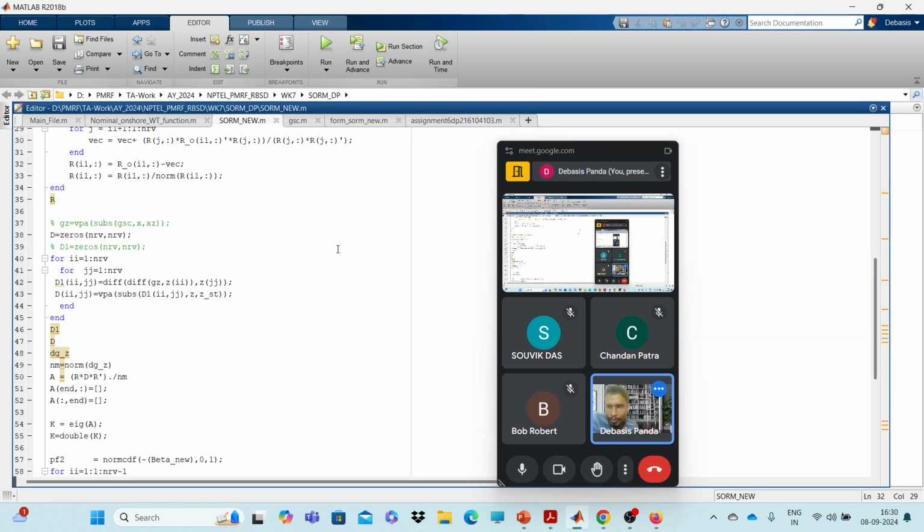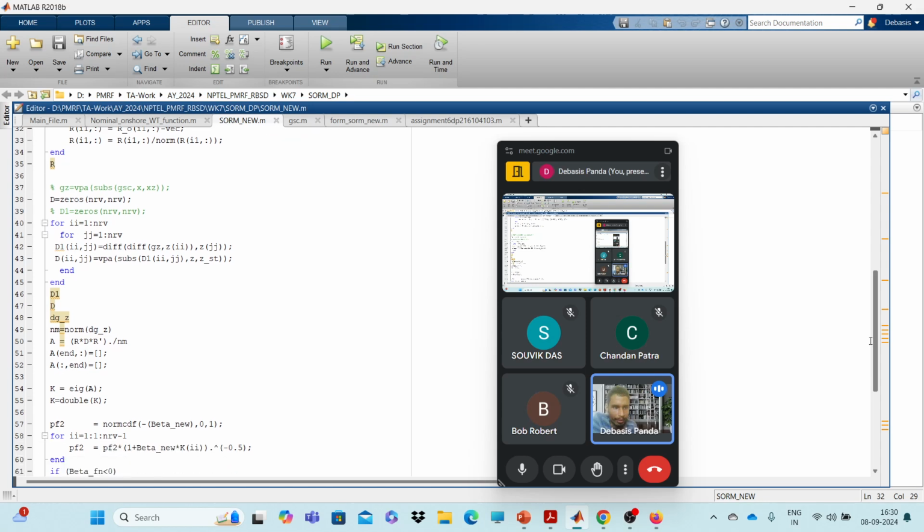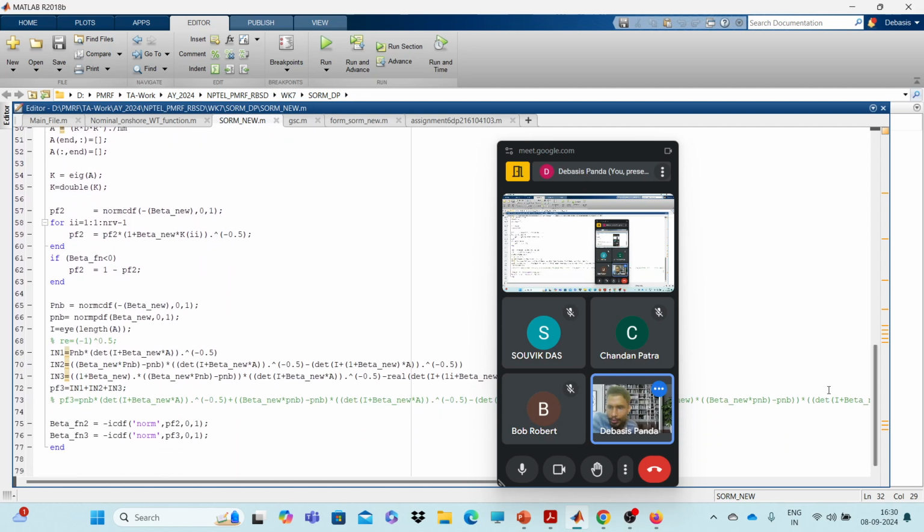In short, once we have calculated these three things, look, the first term A1, I have put it here in1. This is the second term, this is the third term. So probability of failure 3 indicates the probability of failure using the Tvedt model, from in1, in2, in3. Once we have the probability of failure, beta fn3 is nothing but minus phi inverse of pf3.